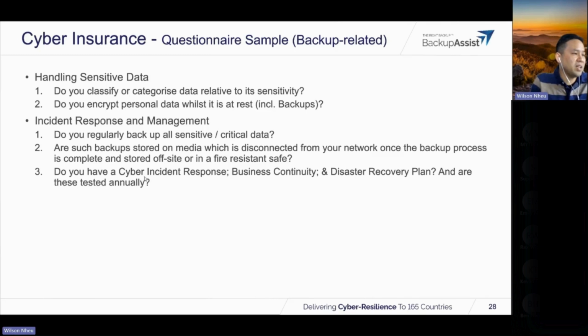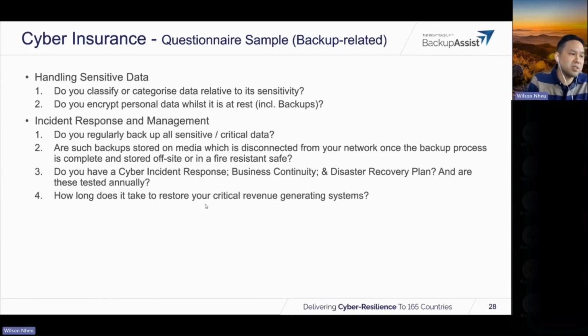And do you have a cyber incident response or business continuity and disaster recovery plan? Again, these are questions that, if you think back to what we talked about before with the Essential 8 regular backup strategy and the controls there, you can see how they map.